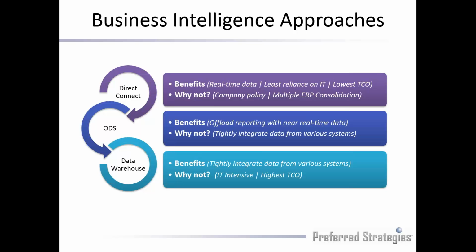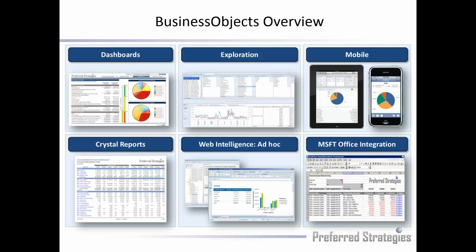For our data warehouse, we've chosen to model around a true star schema, more of a Kimball-structured warehouse. Each of these has its own pros and cons, and each one may or may not be the right fit for every company. So it takes an understanding of the different BI approaches to figure out which makes the most sense for your organization given your specific requirements and company profile.